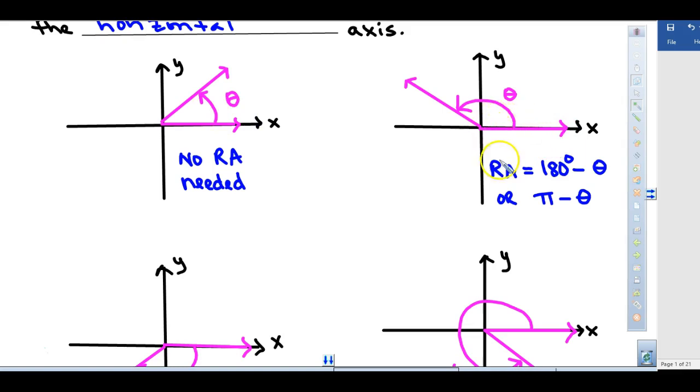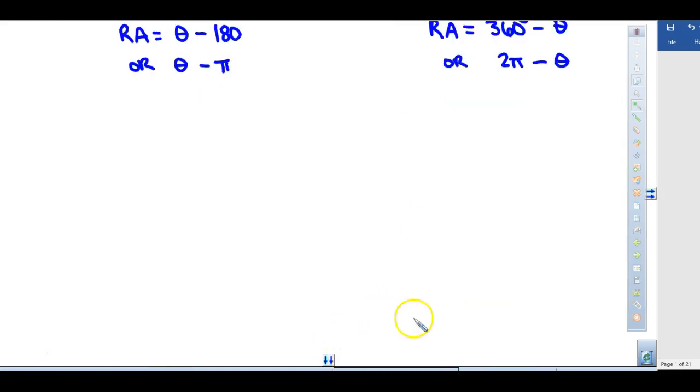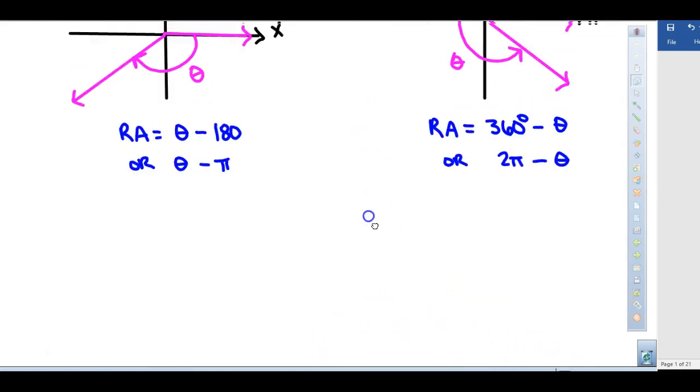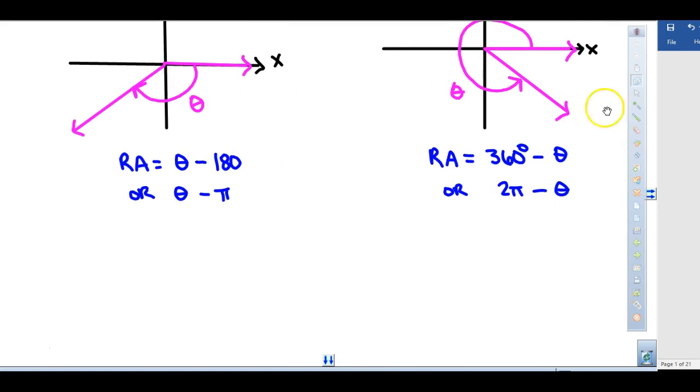Second quadrant, to find your reference angle, you can do 180 minus theta, or pi minus theta if you're in radians. The third quadrant, you can use the formula theta minus 180 or theta minus pi. In the fourth quadrant, you can use 360 minus theta or 2 pi minus theta.